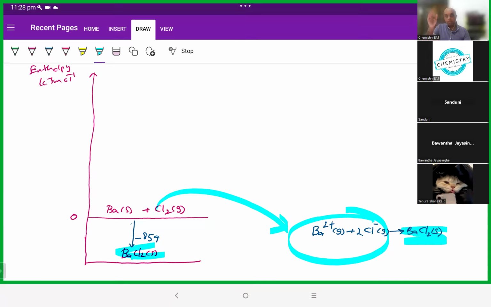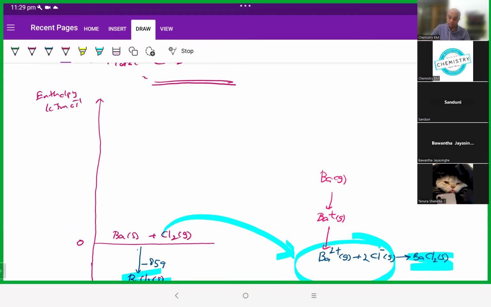Barium 2 plus can be produced from barium plus gas. That is from the second ionization enthalpy. Barium plus can be produced from barium gas, not from barium solid, right? Because barium solid is not the entity involving in the ionization enthalpy. Ionization enthalpy is involving gases.